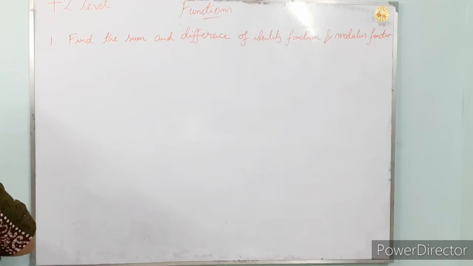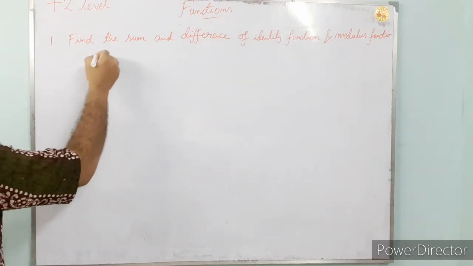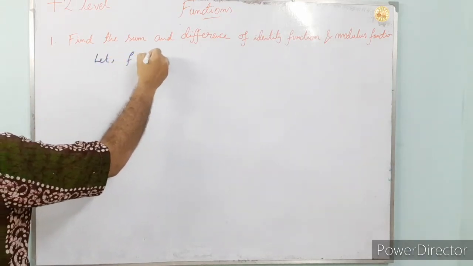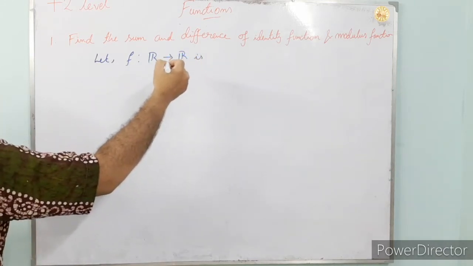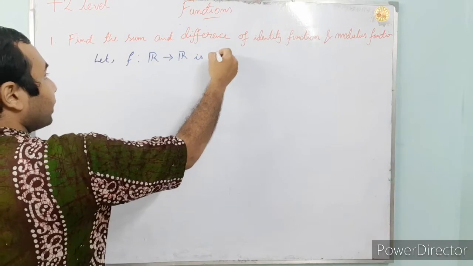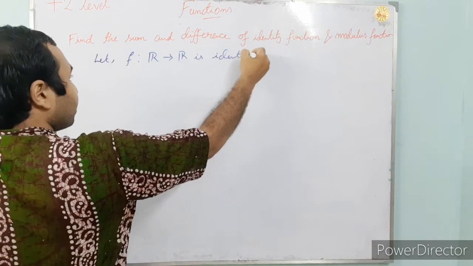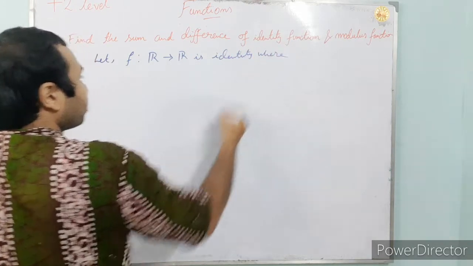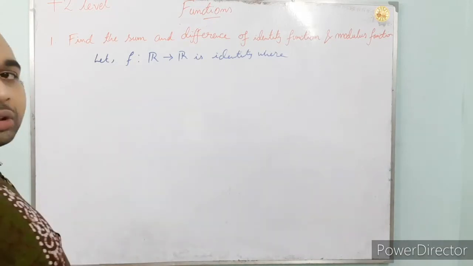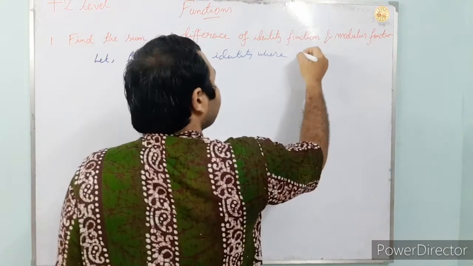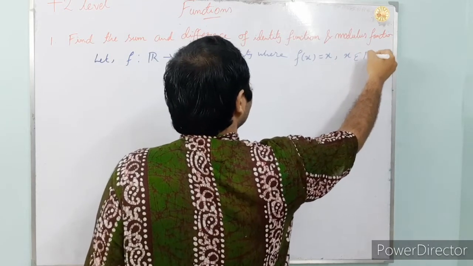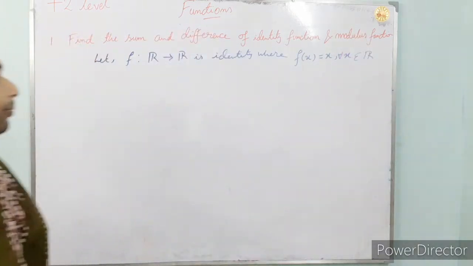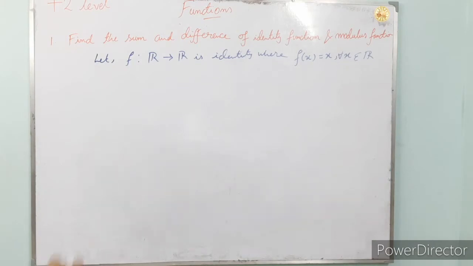So let f from R to R be the identity function. What is the identity function? f(x) equals x for all x belonging to R. This is the identity function.